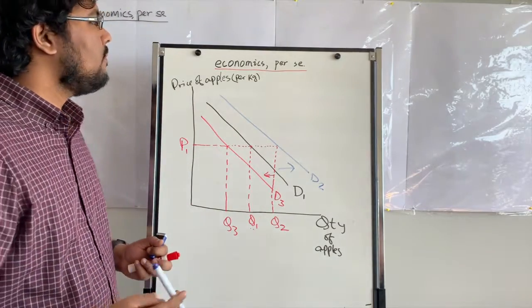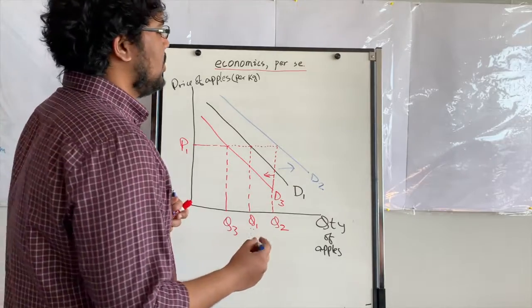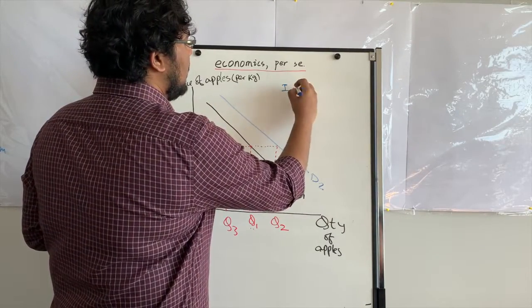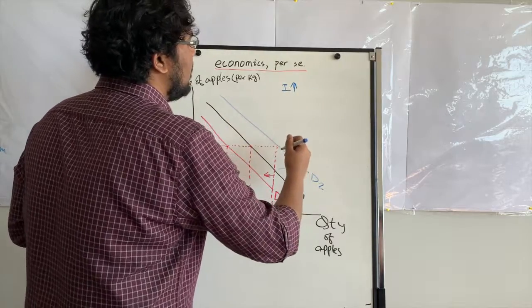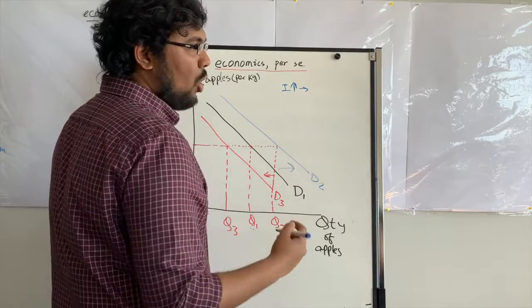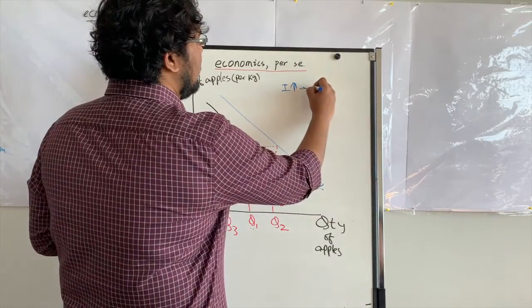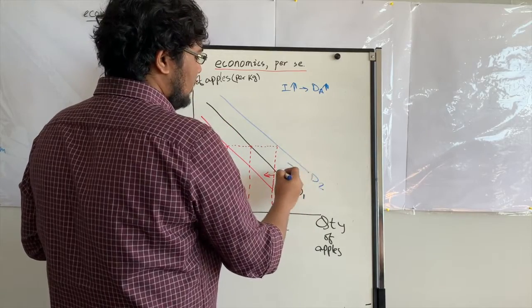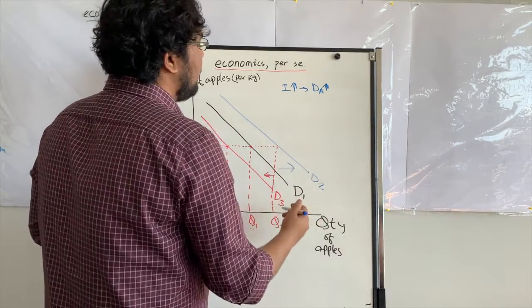In the same way, the change in income. Let's say the income increased. If the income increases, if apple is a normal good to you, the demand for apple will increase as well, and thus a rightward shift.